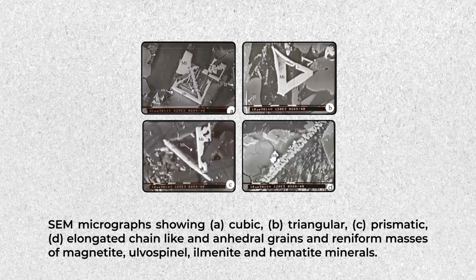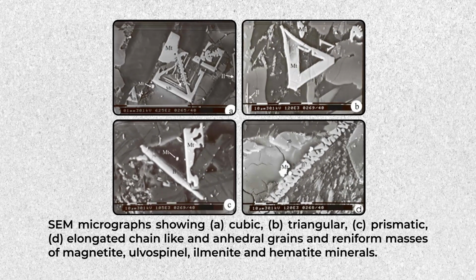In this slide, I have tried to show you scanning electron micrographs showing, in photograph A, cubic, B, triangular, and C, prismatic, and D, enclosed chain-like and anhedral grains and reniform masses of magnetite, ulvospinel, ilmenite, and hematite minerals.